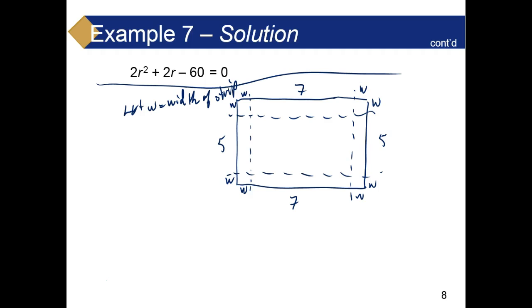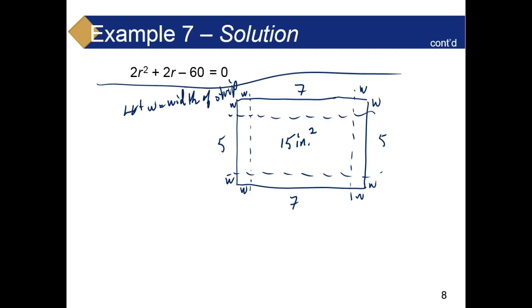Started out a 5 by 7 photograph. You want to cut this off so that you have an area of 15 square inches. So what's left inside the dots is going to be 15 square inches. Okay? Just inside the dotted lines.